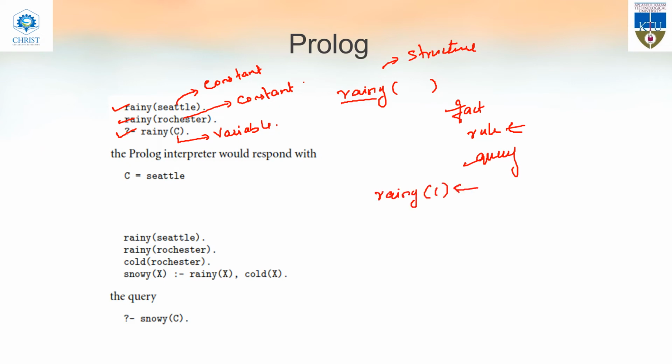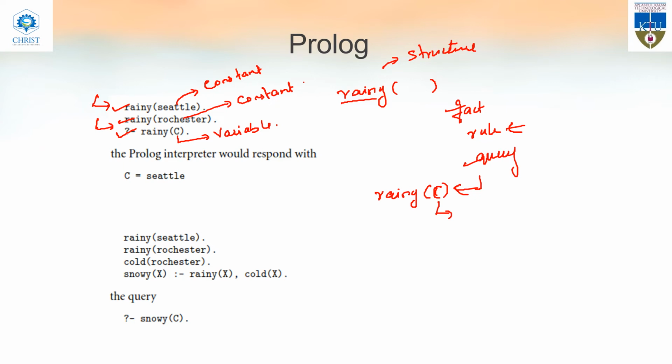To make this query true, I have already said that rainy of Seattle is true, rainy of Rockstar is true. If I am asking the query rainy of C, to make it true, C can have any of these values, right?